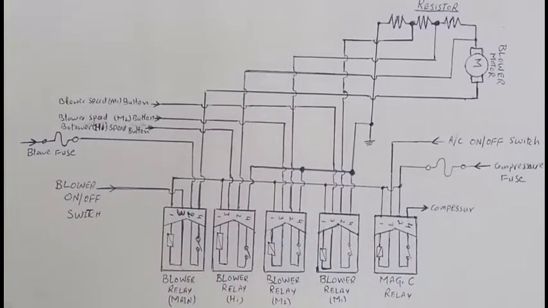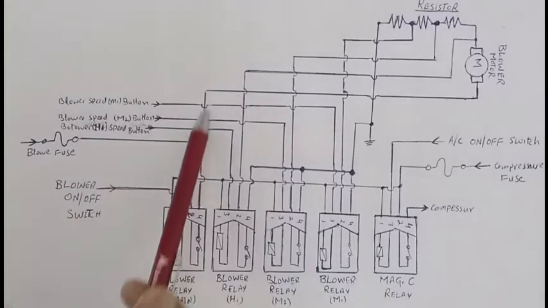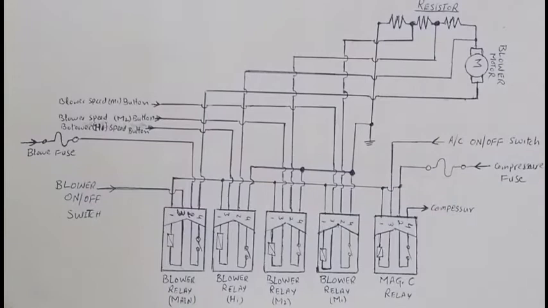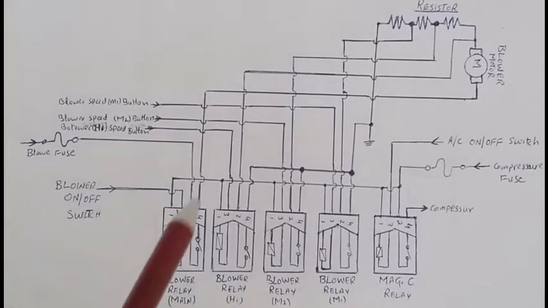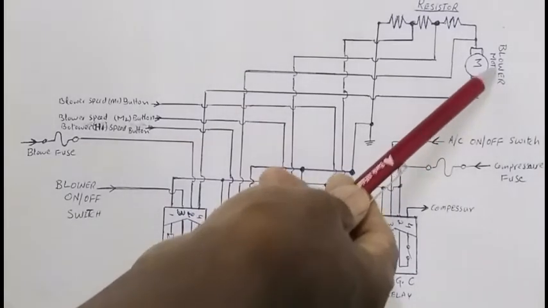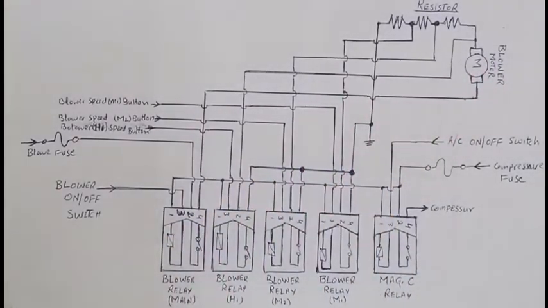So this fuse is giving power to the coils of these relays, and this fuse is giving power to the blower. So now, how does the current flow through this circuit and the motor move?